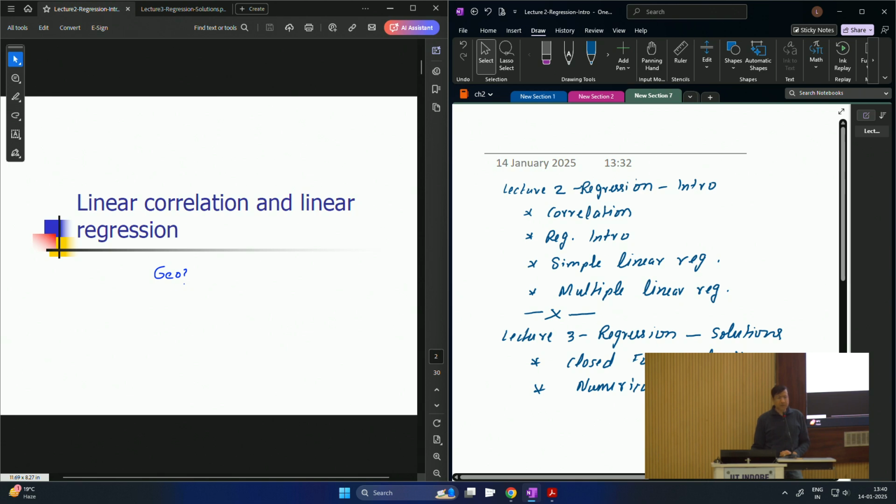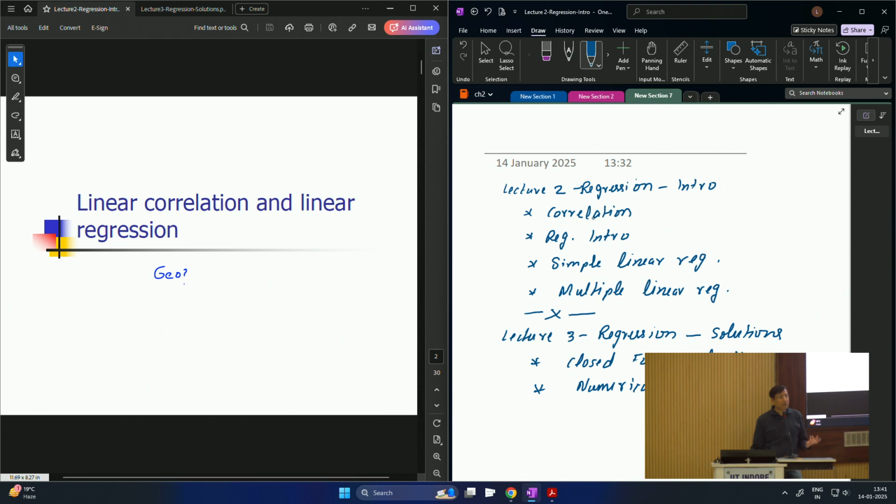Last week we started regression and we did what is correlation. What's the difference between correlation and regression? Metrics are in both regression, also we are going to see metrics.